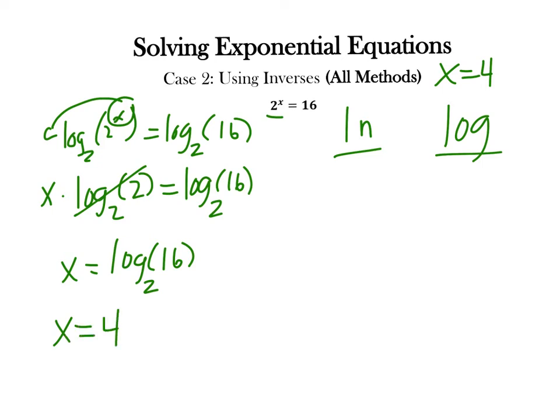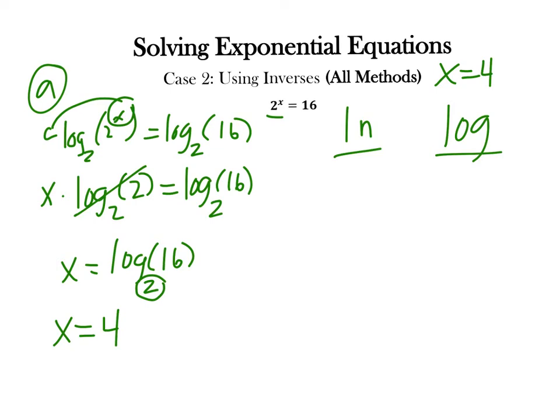Of course, you want to plug this back in, solve for x, and see if it works. I'm going to show you these two other methods. This is method A. Method A we will not use for this assignment at all unless you have a calculator that has this capability of changing the base. We're going to stick to the ones that you should have on your phone, which has base 10 and base e, which is your log and your natural log.